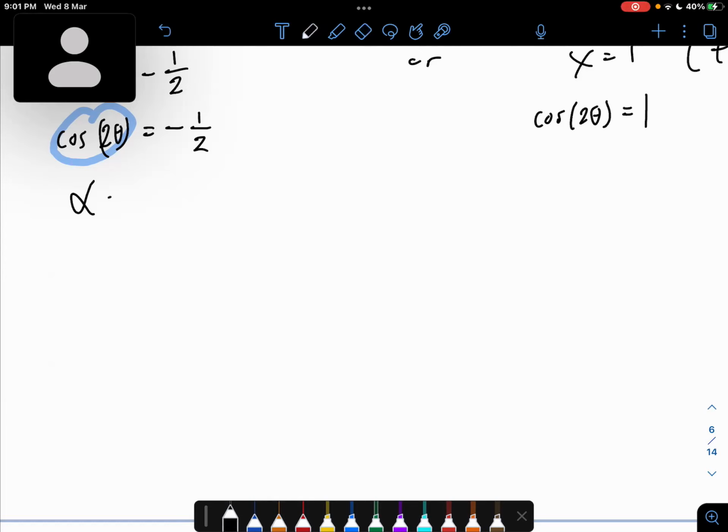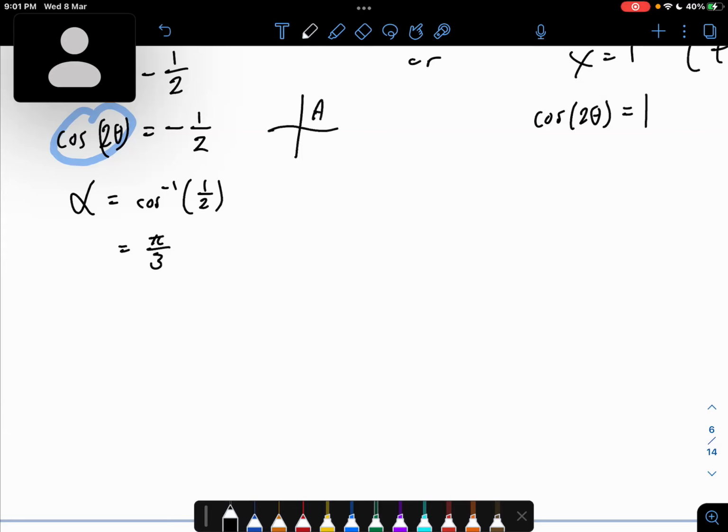Wait, I mean, what's the first step? What do you do to the negative sign? Ignore it, yes. Then cosine inverse only the positive half, which is 60 degrees. Sorry, no. We are dealing with differentiation. Please use radians. 60 degrees is pi over 3. This is alpha. What else do we need?